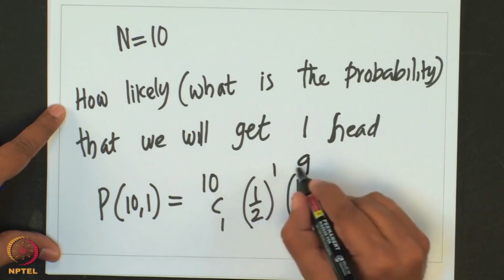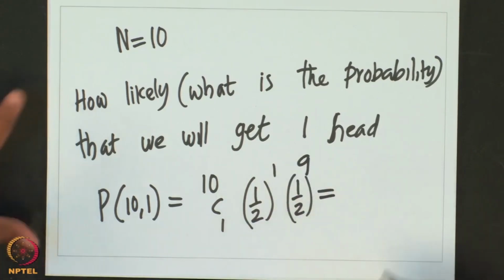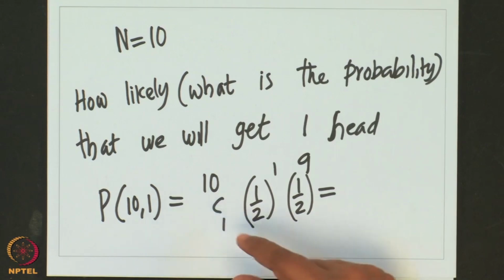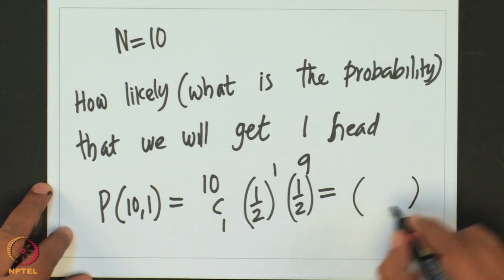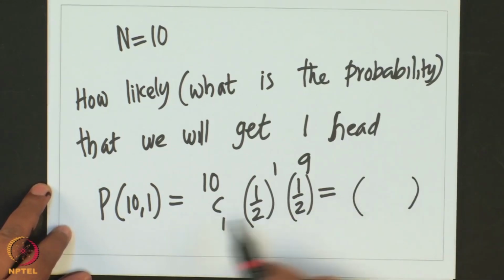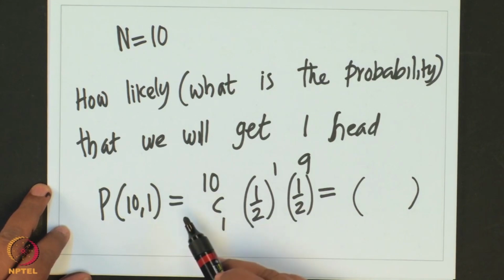This is the answer that we can get. So 10 C1 is 10 factorial divided by 1 factorial times 10 minus 1, which is 9 factorial. So we can calculate this approximately, and this number would give us the probability to have exactly one head or one girl.